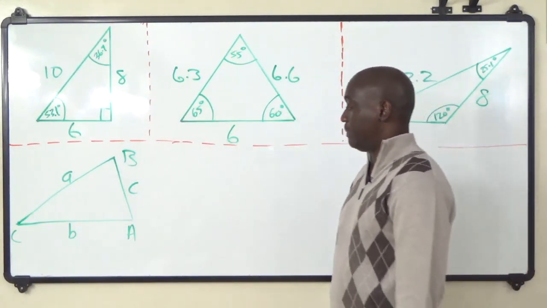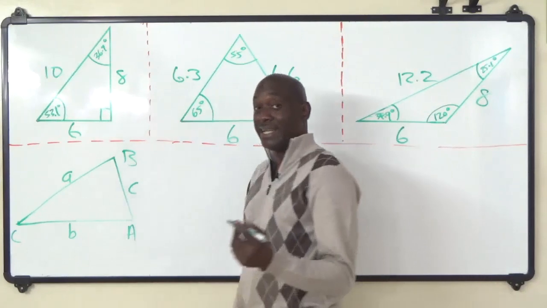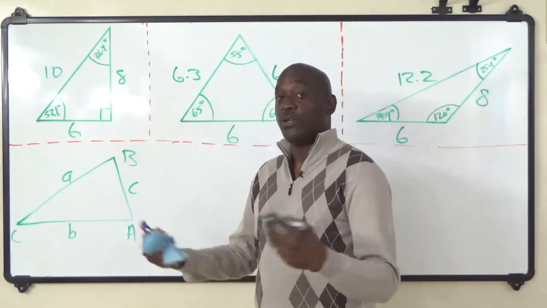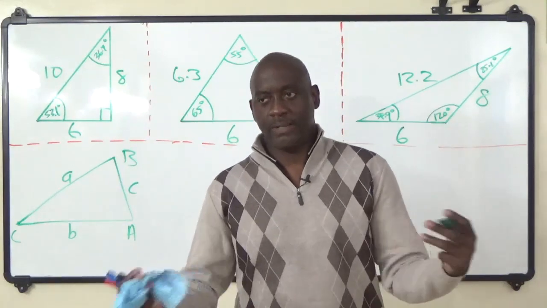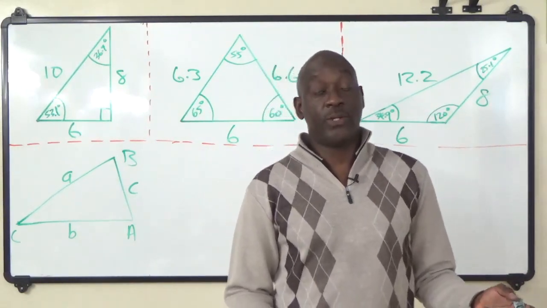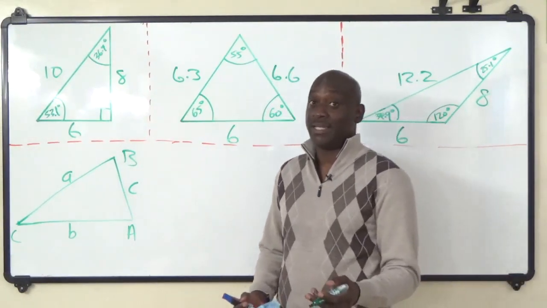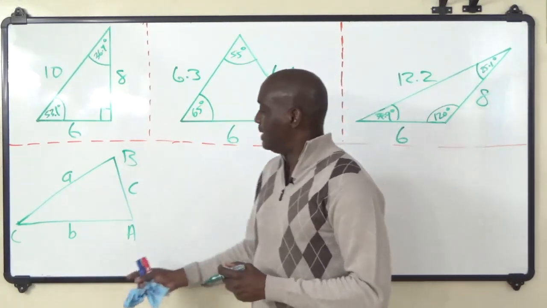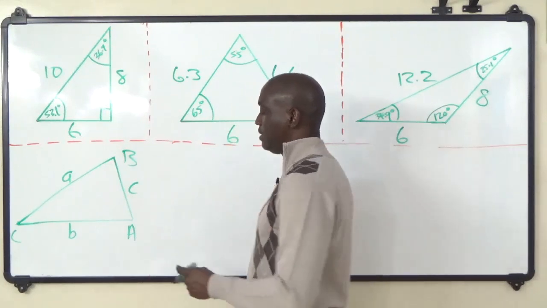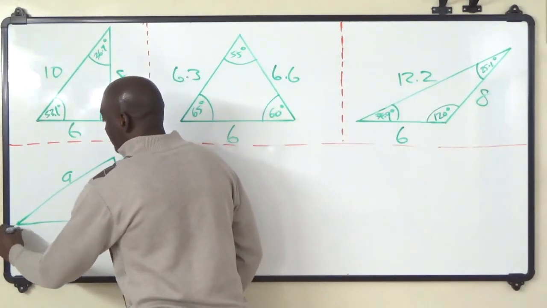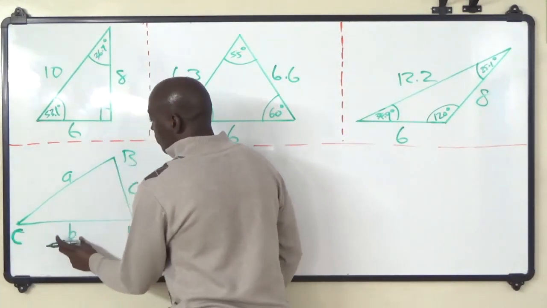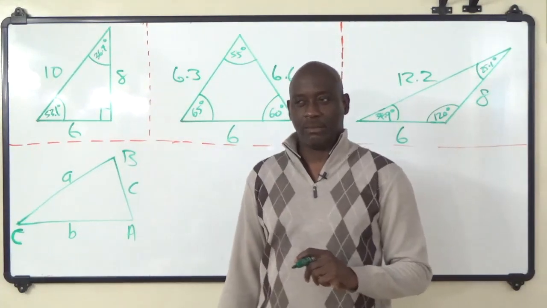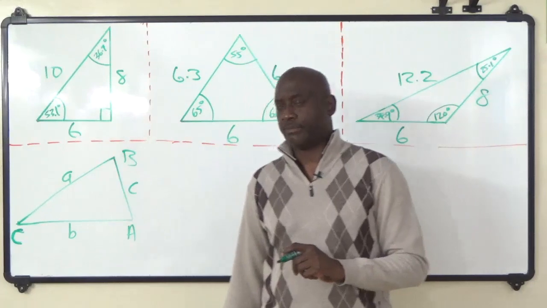When we label a triangle, we label the vertices in capital letters. Whether we use PQR or WXY or ABC or whatever letter, we use capital letters to represent the vertices where you have the angle, and we use the common letters to represent the sides. So you have small b to represent this side, and opposite small b, you have big B as the vertex.